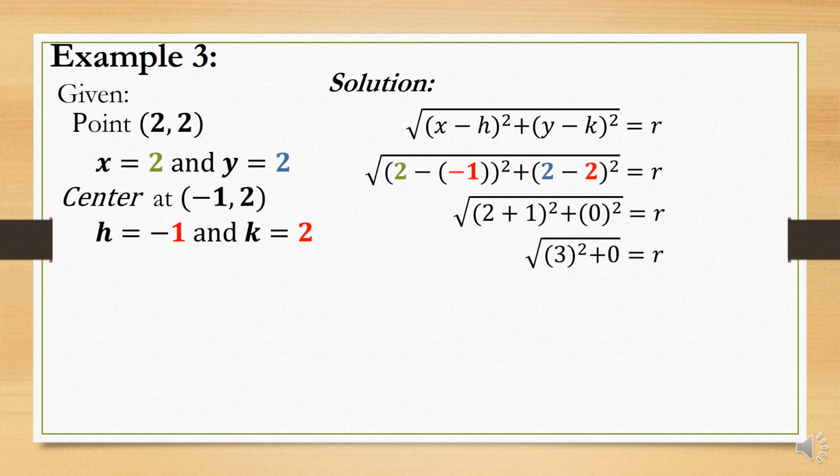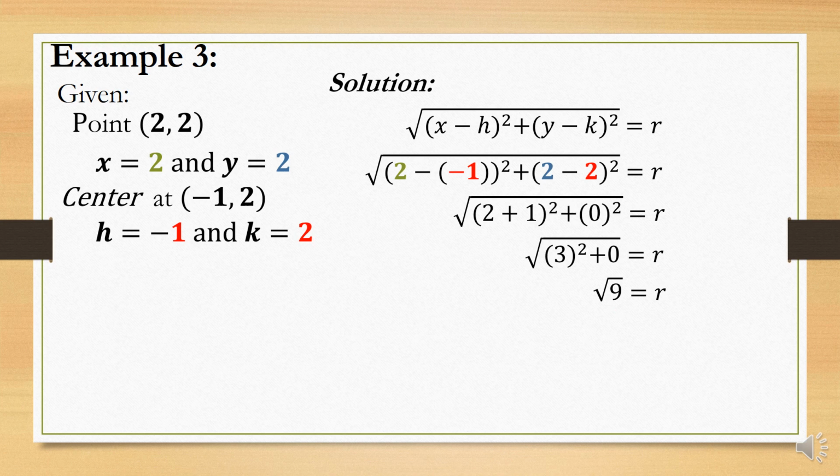Then the square root of 3 squared plus 0 squared, which is 0, is equal to r. Then r squared is equal to 9. So we have the square root of 9 is equal to r.